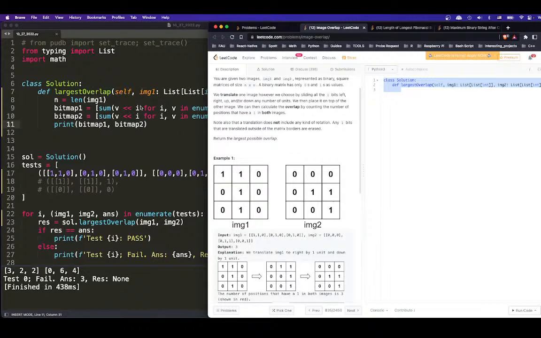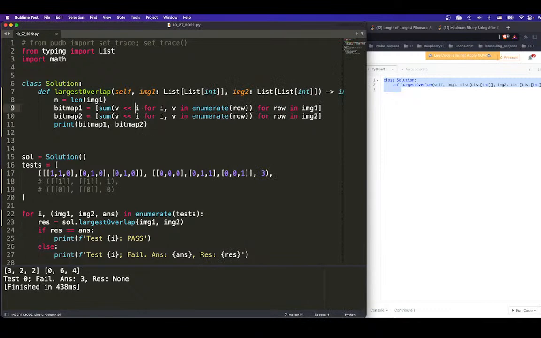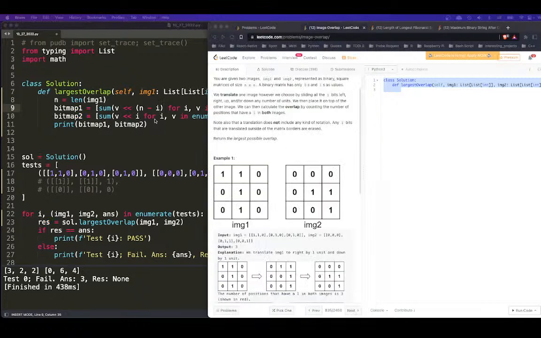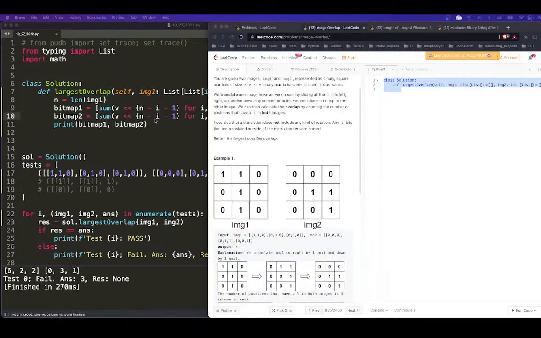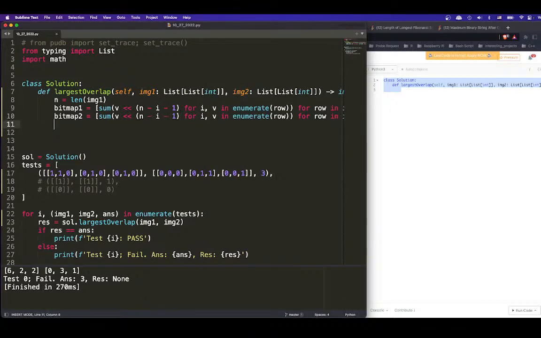Well, it's fine, because we can do n minus 3 minus 0, we'll go 3, actually minus 1. It's not a big deal. Yeah, 6, 2, 2, 0, 3, 1, yeah. Okay, so bitmap is ready.